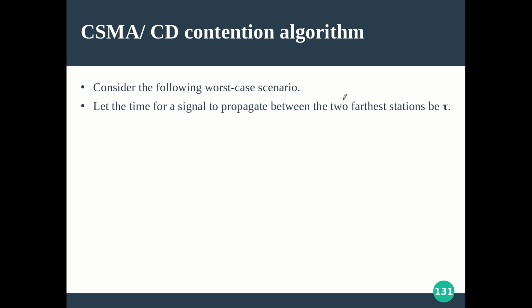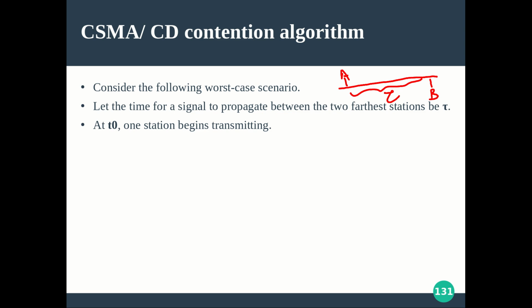Farthest in the sense, if this is a LAN and these two stations are at the farthest distance, the time taken to transmit the signal between them is tau. So this is the propagation time of the longest pair.